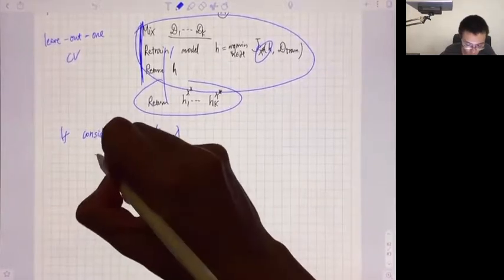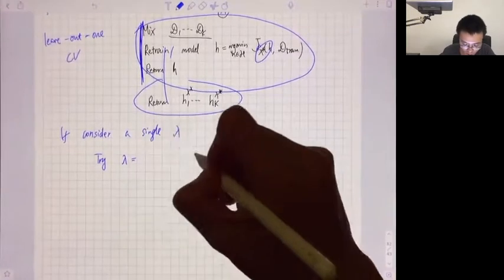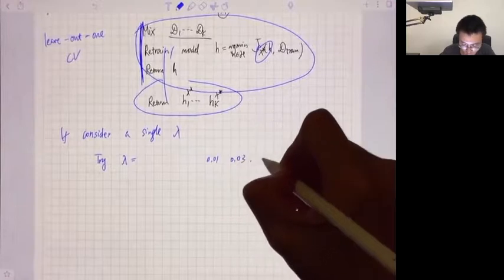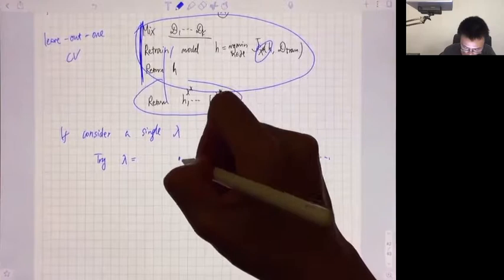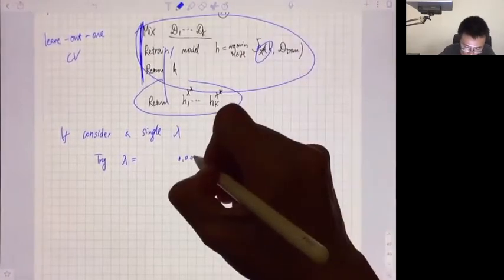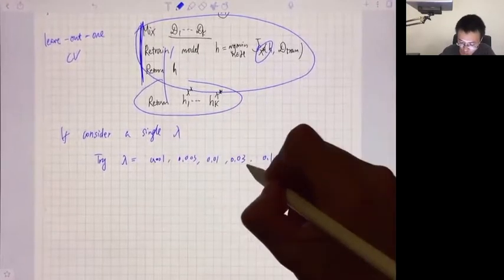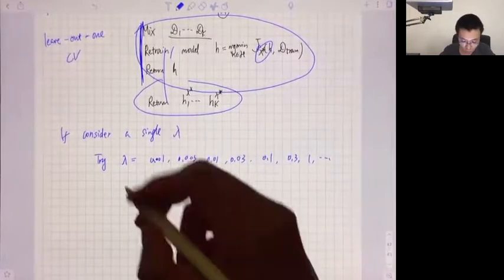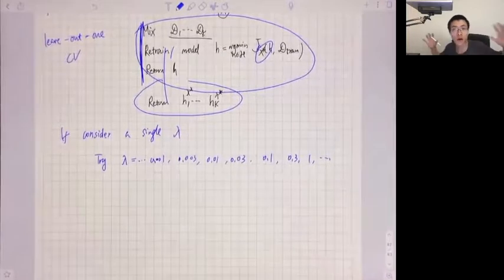For example, try lambda from 0.001, 0.003, 0.01, 0.03, 0.1, 0.3, and so and so forth. Okay, you try a wide range of possible hyperparameters, and usually you do it in a multiplicative fashion so that you can test a wide range.